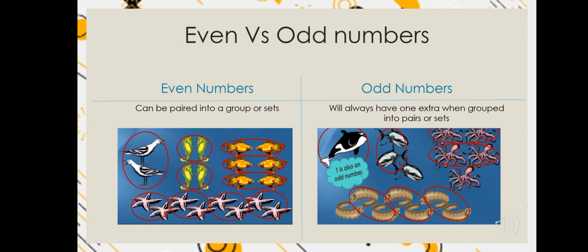But when we come to the odd numbers, you can see that they cannot be paired into the sets. There is always one extra number, which means that this number is odd. So 1 is also the odd number. In the next few slides, you are going to learn which numbers are even numbers and which are odd.